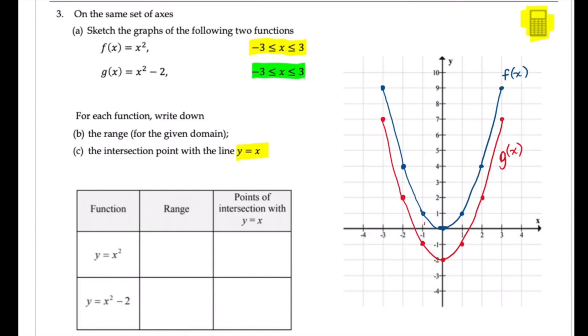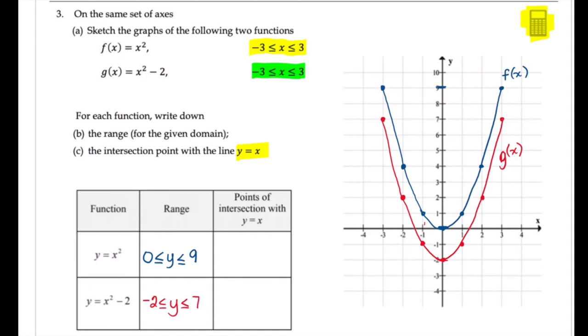In this case, that would be 0. And it goes all the way to 9. So 0 is included, goes all the way to 9. For my g of x function, minimum point is at negative 2 and goes all the way to 7. So that is the range of the given functions.